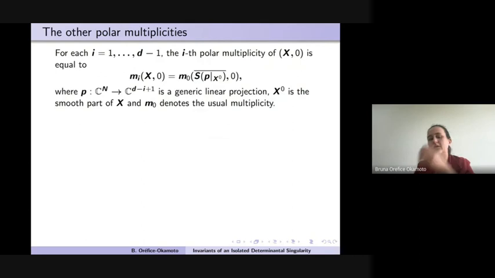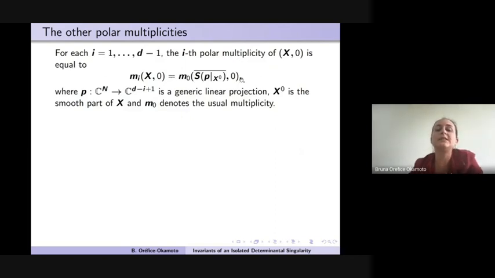Well, in order to calculate the vanishing Euler characteristic and the other obstructions, I have to calculate all the other polar multiplicities. m_0 is the multiplicity, in Singular just put mult. So I have to look for i equal to 1 until d minus 1.